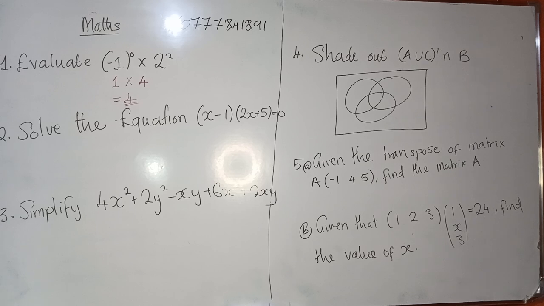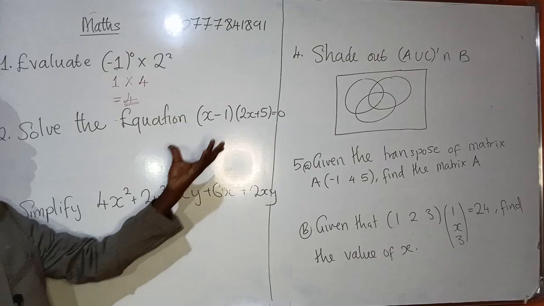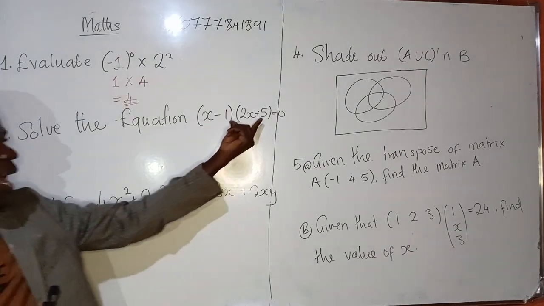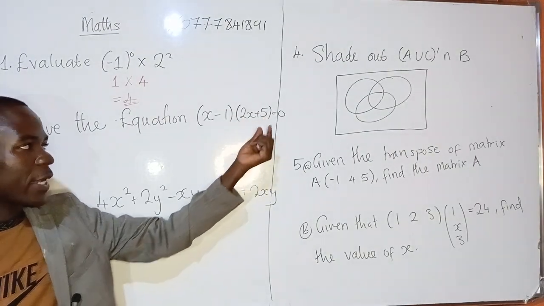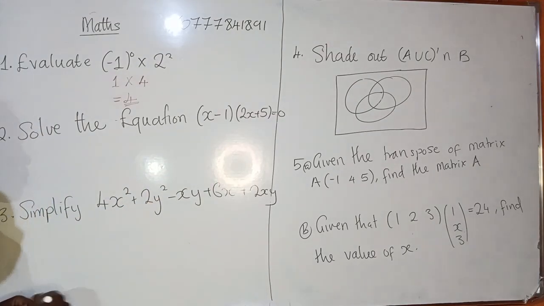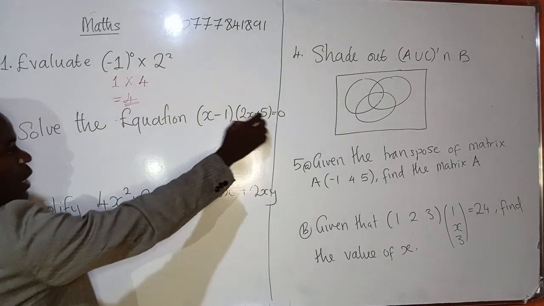Secondly, we have an equation where they're saying, solve the equation. We are given x minus 1 in a bracket and 2x plus 5 in a bracket is equated to 0. This question is coming from the quadratic aspect where we equate each factor to 0.